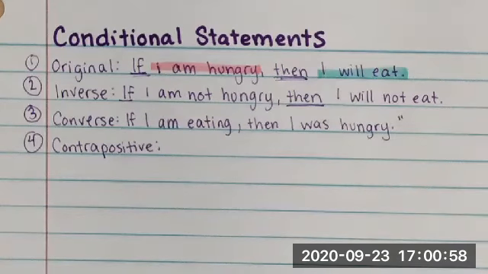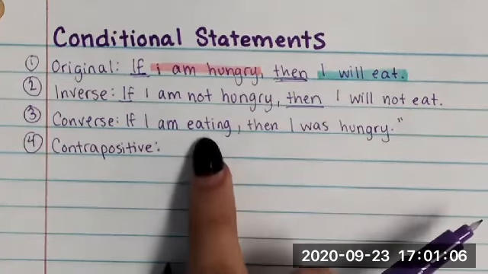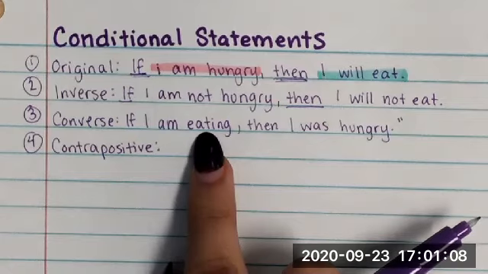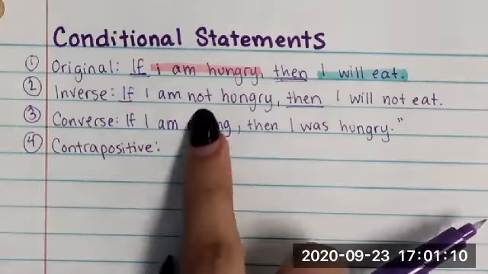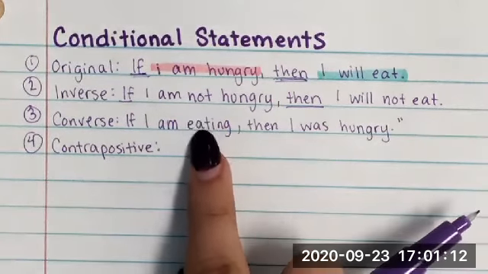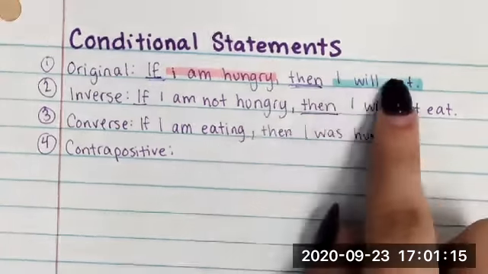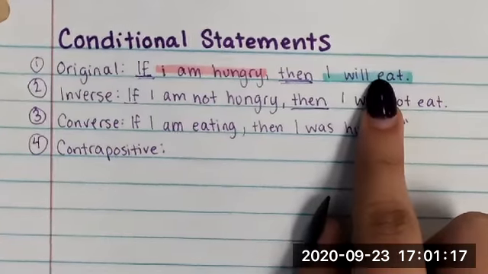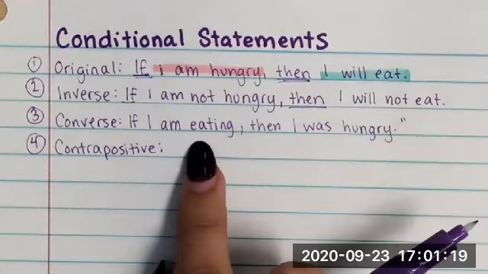And then lastly, for the contrapositive, this one was messed up a lot. So I want to make sure that we're understanding we are both negating and switching. So I'm going to do the nots and I'm going to flip-flop it. So I have to put the part about eating first again, like this.